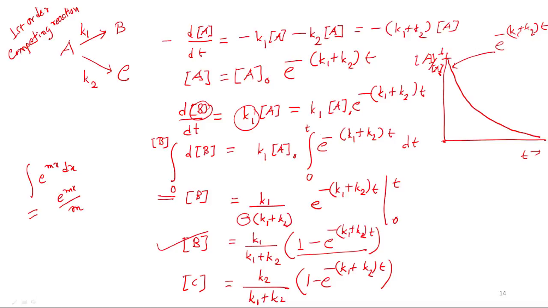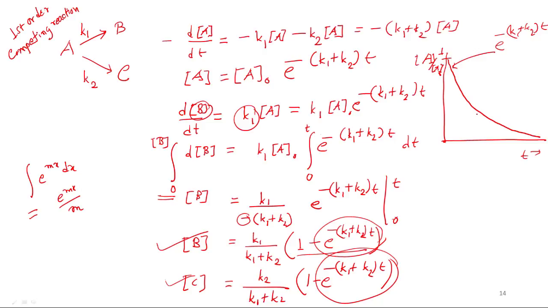But as time progresses, at a very, very large limit, when t goes to infinity, both these exponential terms go to 0. So I'll just have 1. So the B concentration will be K1 divided by K1 plus K2, and the C concentration K2 divided by K1 plus K2. They are going to be constant in the asymptotic limit, when the entire A has decayed.